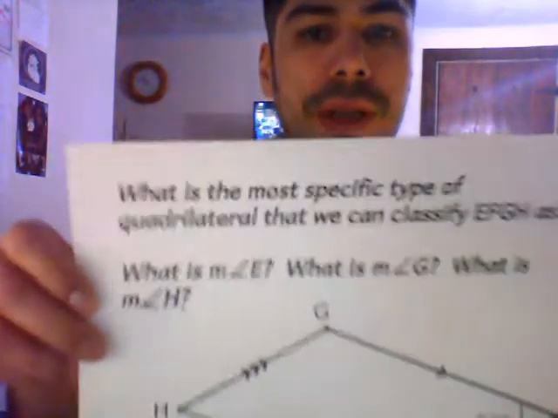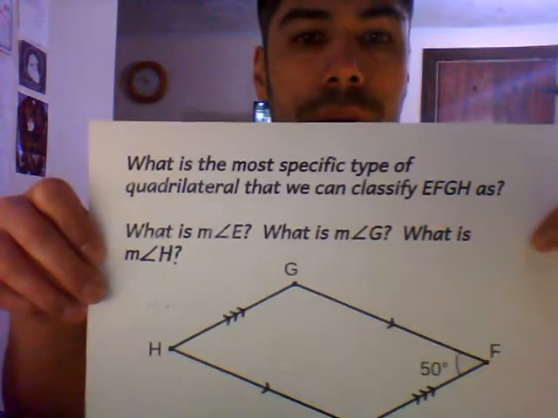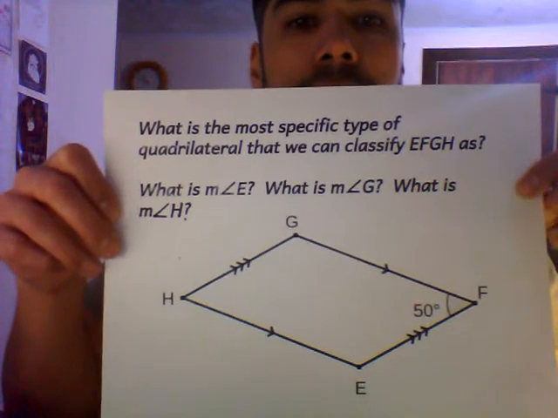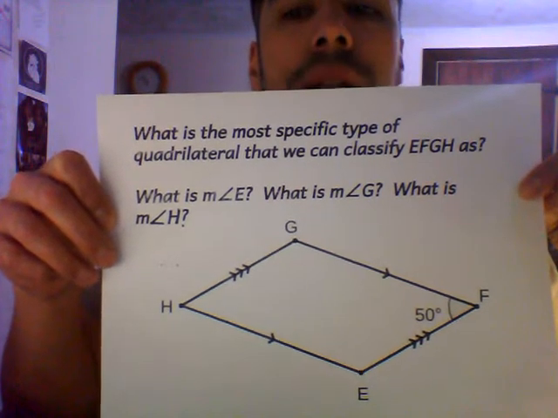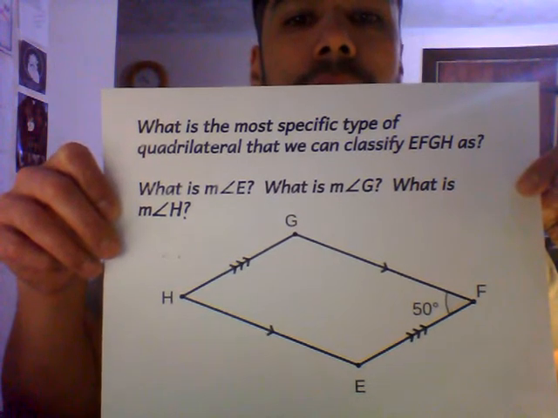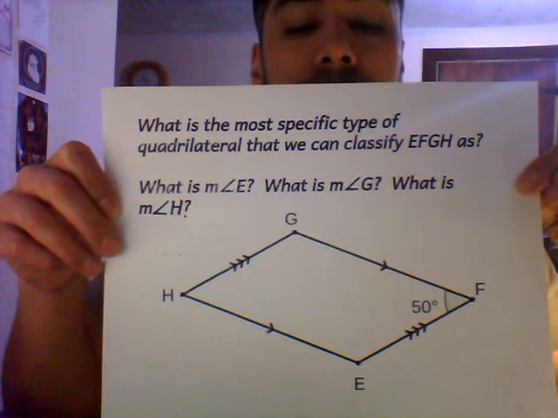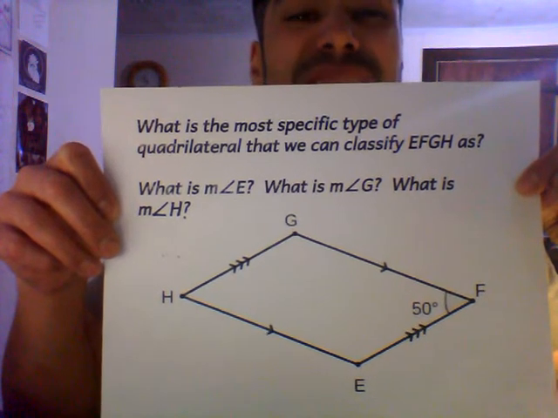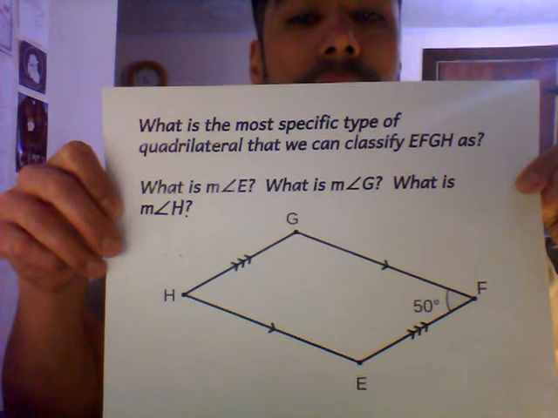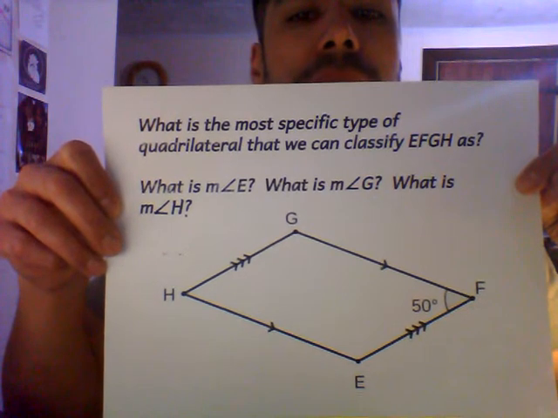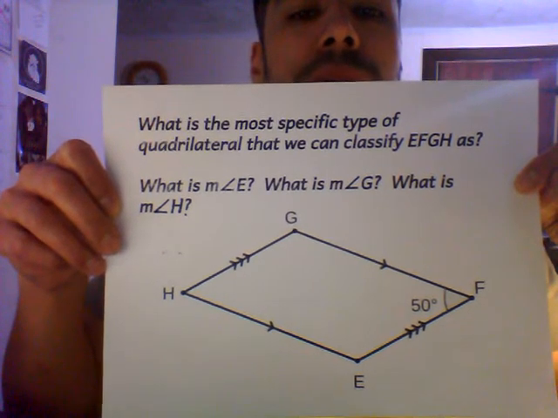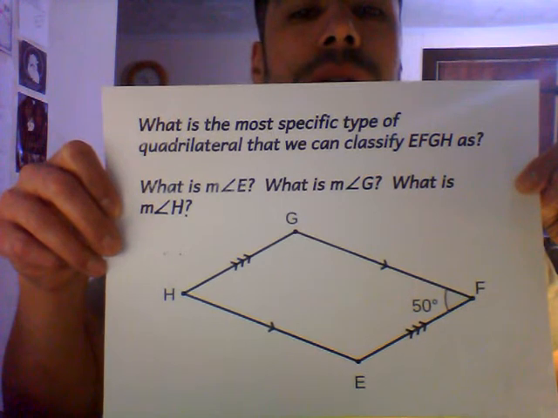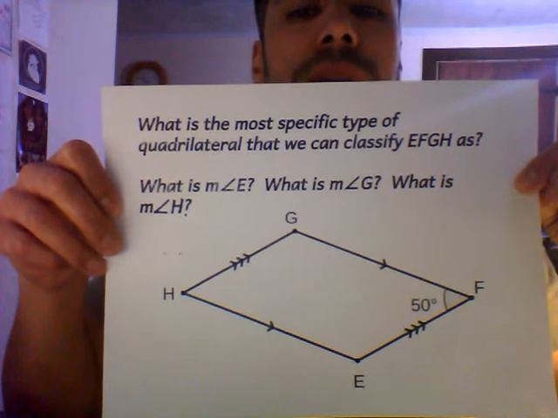What about over here in this slide? We've got EFGH, quadrilateral EFGH. Well, we can see from our arrow markers that yes, this is a parallelogram. That segment GF is parallel with segment HE, and segment HG is parallel with segment EF.